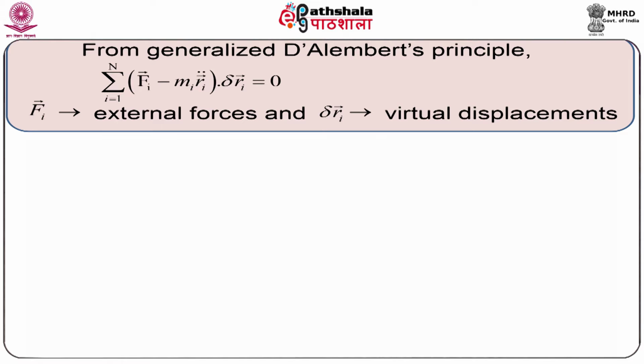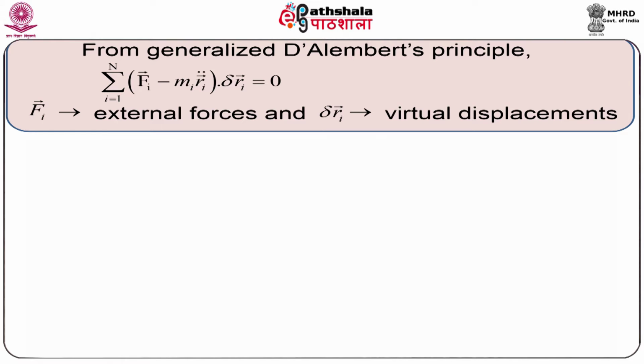So fi vector minus mi Ri vector double dot is the effective force, and delta Ri vector is the virtual displacement. We are considering the dot product of two vectors and taking the sum, and we get this equal to 0 from generalized D'Alembert's principle.